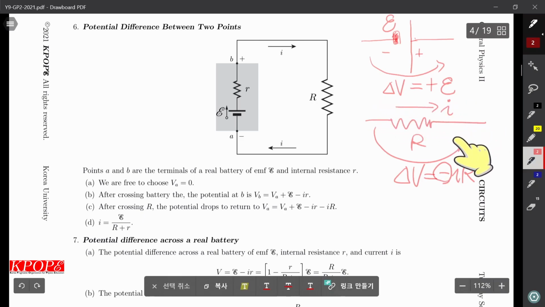Following the current, the resistor spends energy, so potential decreases, when I is positive.